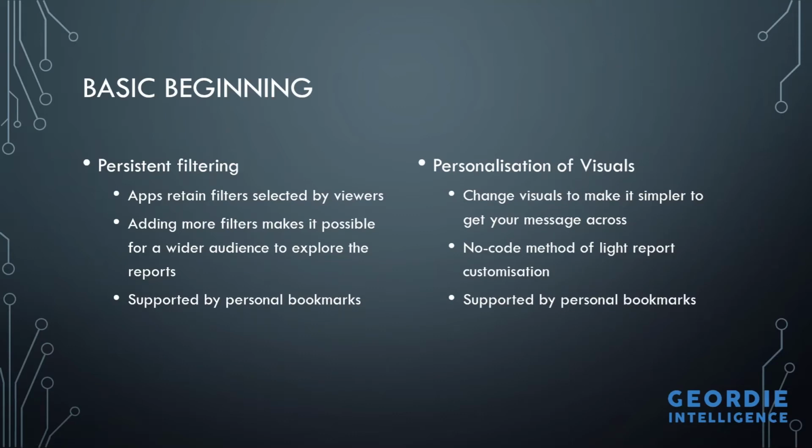So persistent filtering is one thing that can go a long way towards removing the need to analyze in Excel. I've got an app, it's built, and I can put some filters on the page. I could add a few extra filters and all of a sudden my wider audience can just change a few filters and here's the report that they need to see today. Dead easy.